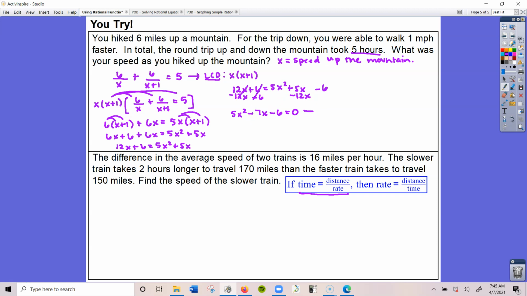So in this particular quadratic, AC is equal to 5 times negative 6, so negative 30. And the two numbers that would multiply to give me negative 30, but add to give me negative 7, are negative 10 and positive 3. So I can rewrite this quadratic as 5x squared minus 10x plus 3x minus 6.